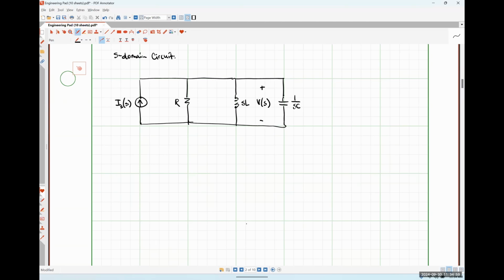Okay. So V of S would be nothing more than whatever our Laplace transform of our current is, and we'll get to that in a moment, multiplied by 1 over R plus 1 over SL plus SC over 1, which is just going to look like SC.